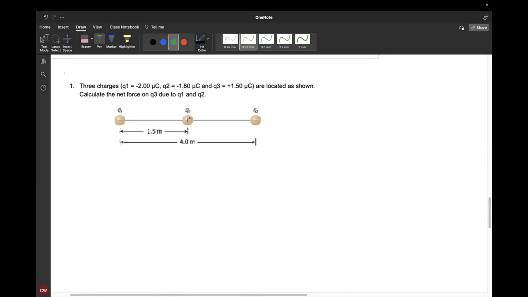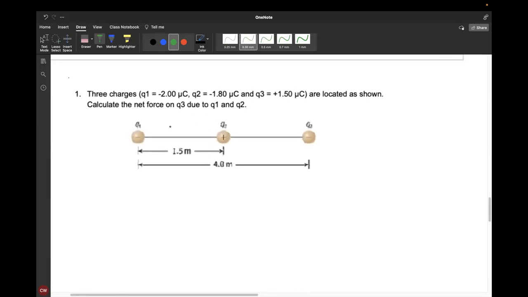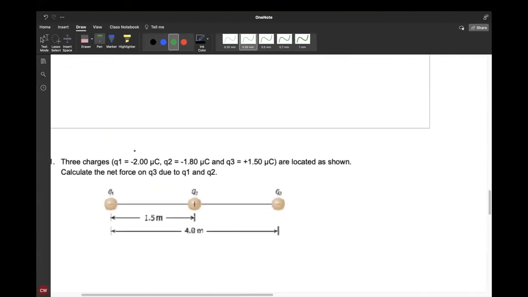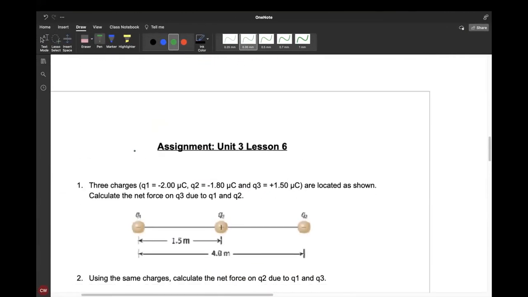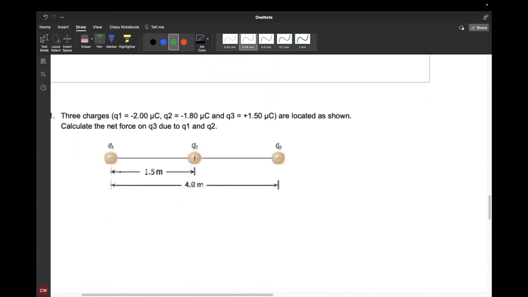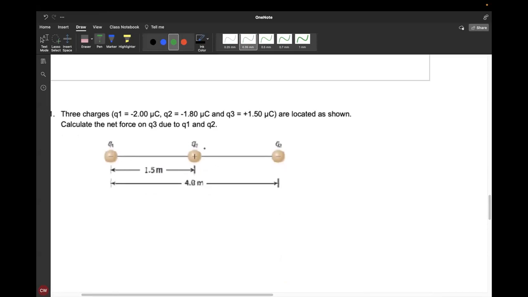Net force of Q3. Which one is Q3? Middle one is Q3, with Q2 and Q1 on either side. Negative, positive, negative.